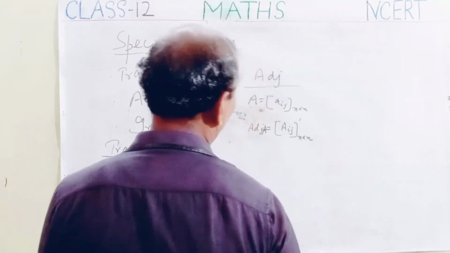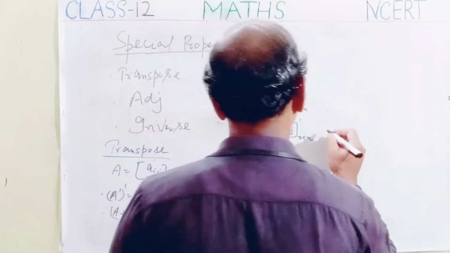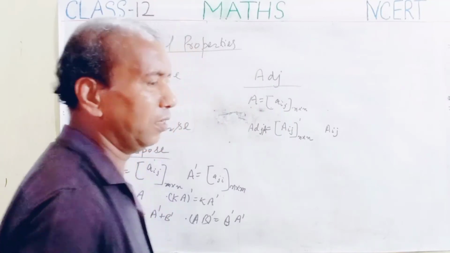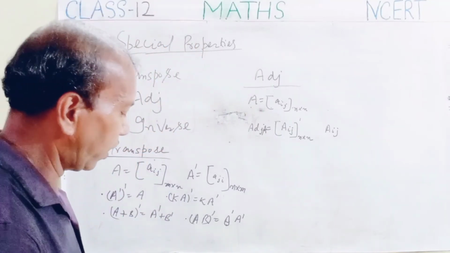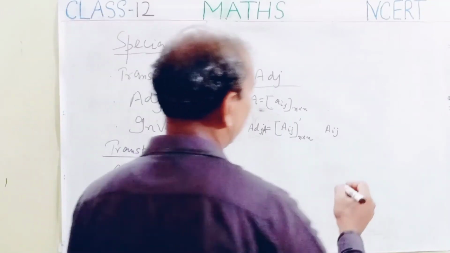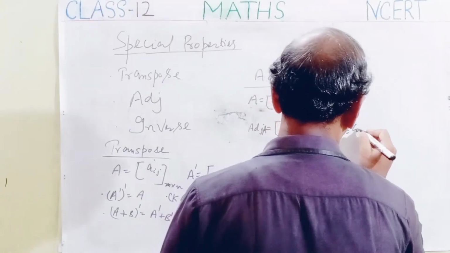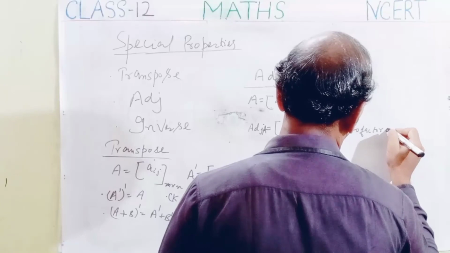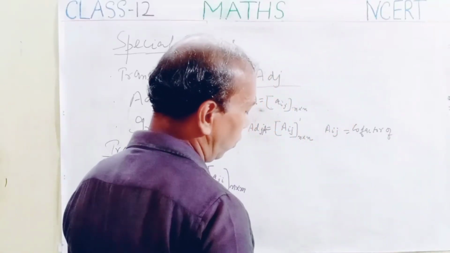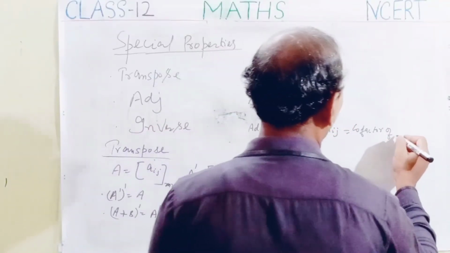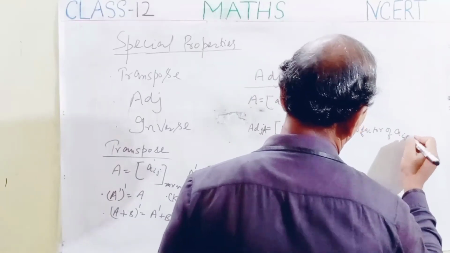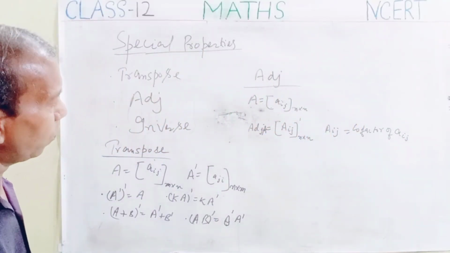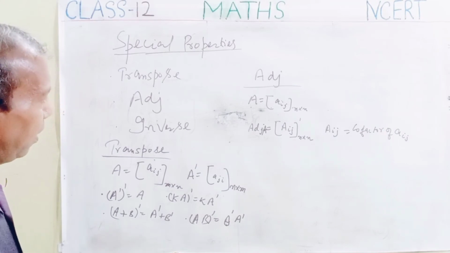Where in this case, what is Aij? Aij is equal to the cofactor of aij.